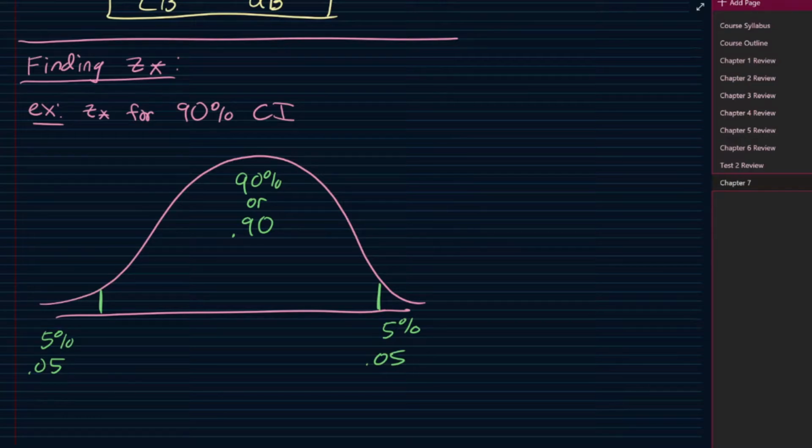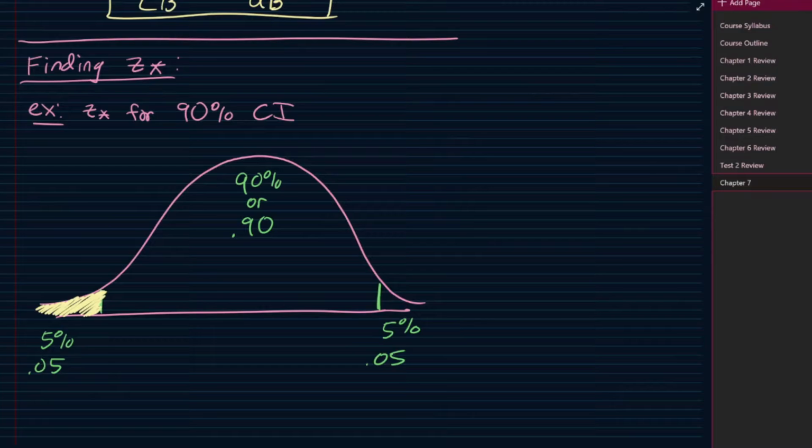And so if we want to see how to find this cutoff value, what's going to be the area to the left of this? It's 0.05, right? And remember, our z tables tell us the area to the left of a specific z score. So that's what we're going to be looking for here.